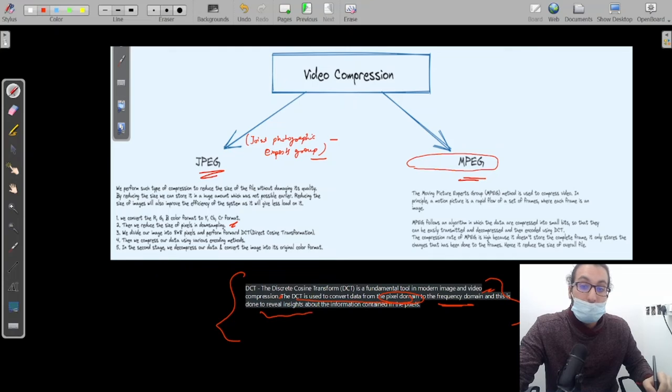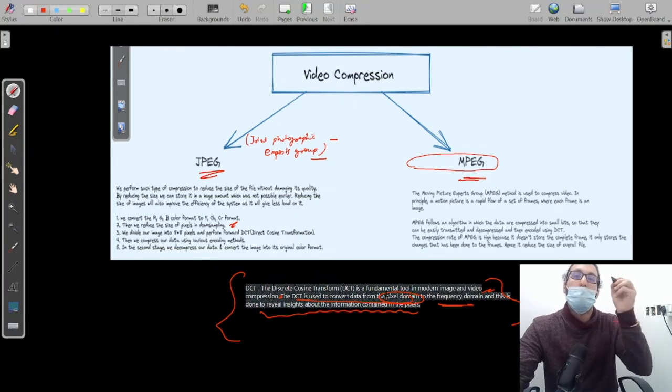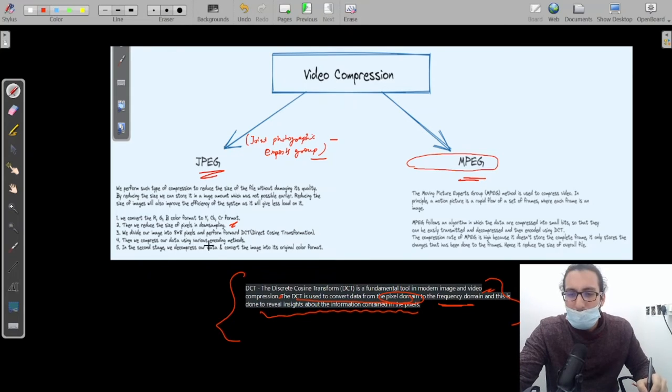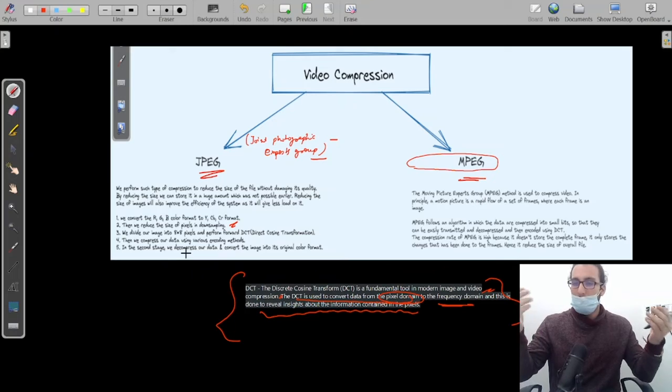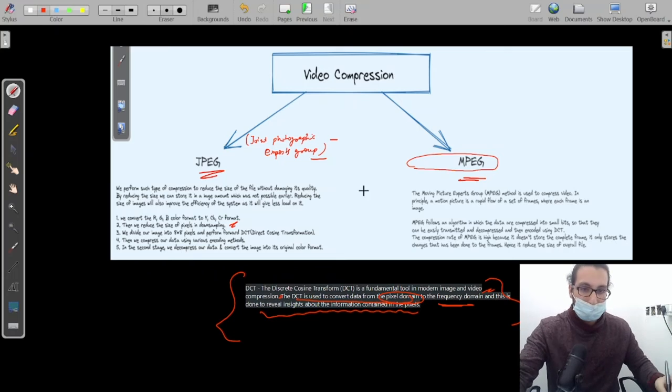This is done to reveal insights about the information contained in the pixels. After that, we compress our data using various encoding methods. There are many encoding methods, and we can choose any one. Then in the second stage, we decompress our data back, convert it into the image and to its original color format, and we have the compressed video.